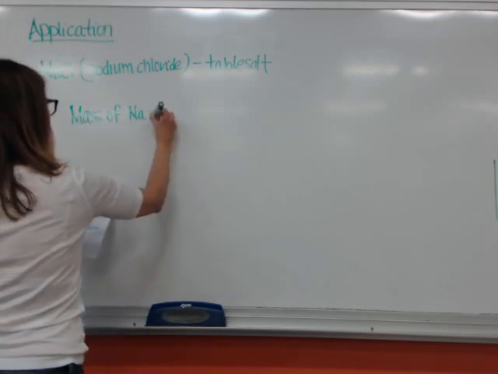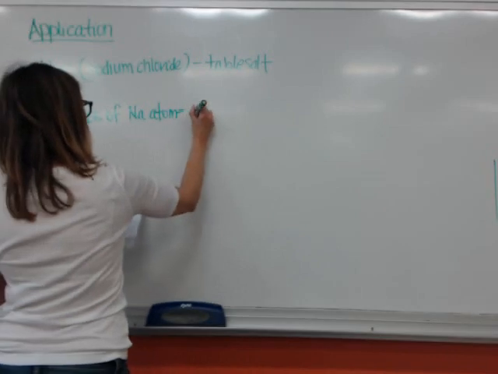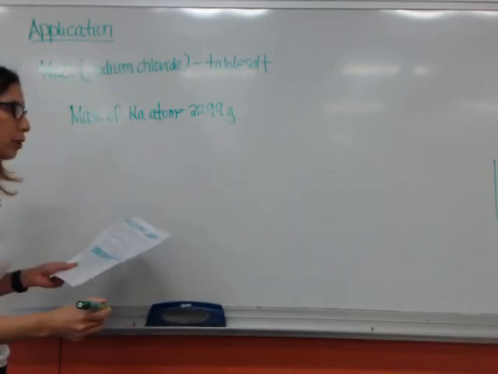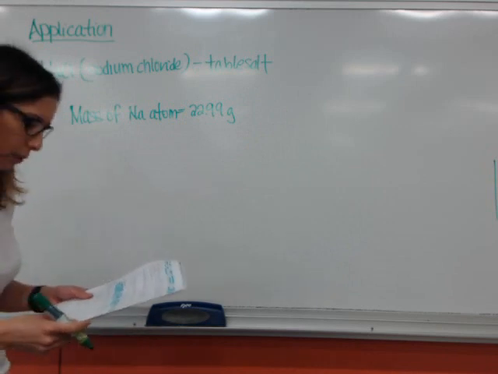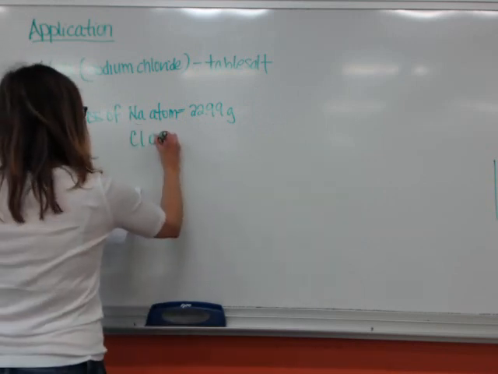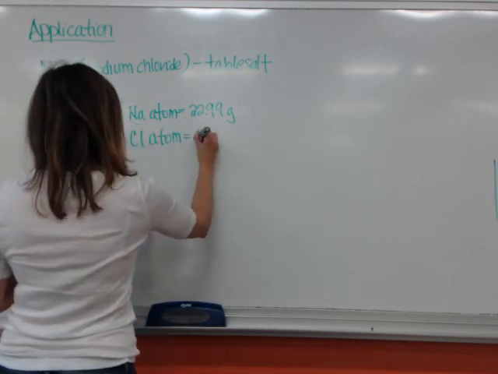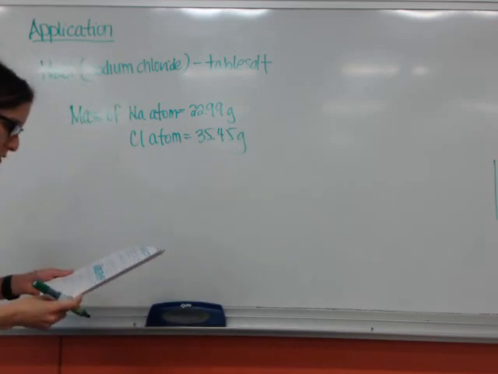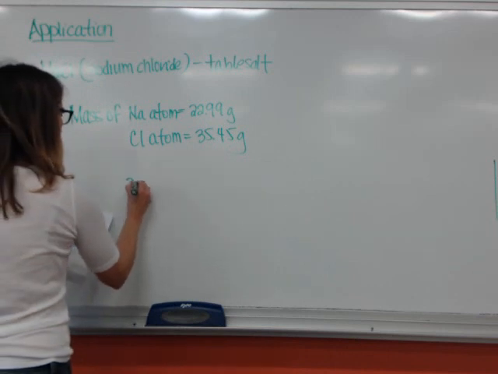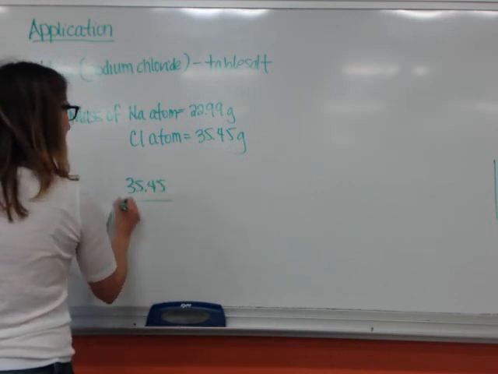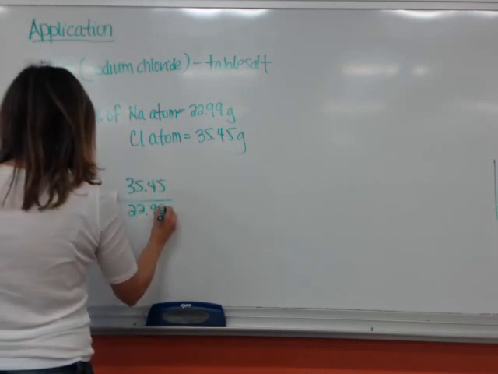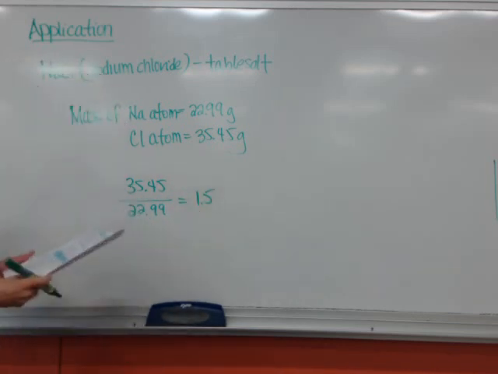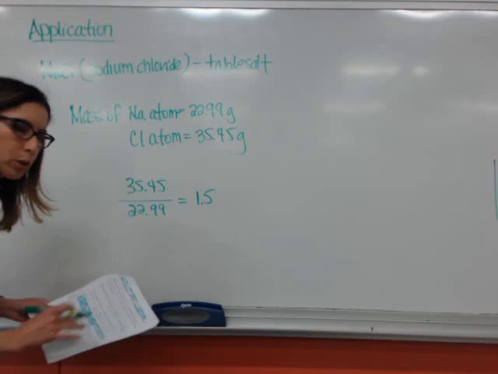Well, the mass of a sodium atom is 22.99 atomic mass units, or 23 on the periodic table. And chlorine is 35.45 atomic mass units. So if you take this ratio, 35.45 divided by 22.99, or 23, you're going to end up getting around 1.5. So what does this tell us?